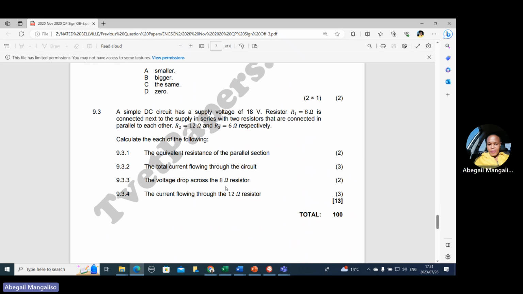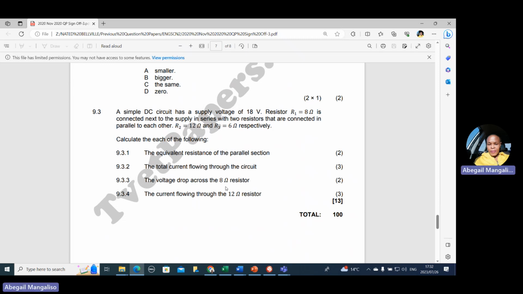Resistor R1, 8 ohm, is connected next to the supply, in series with 2 resistors that are connected in parallel. It's R2 and R3 of 6 ohm.